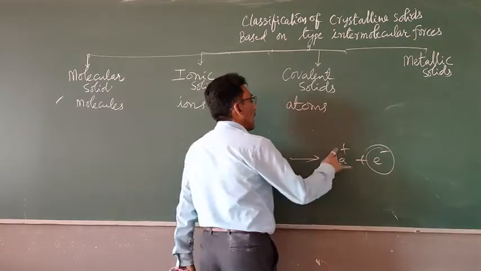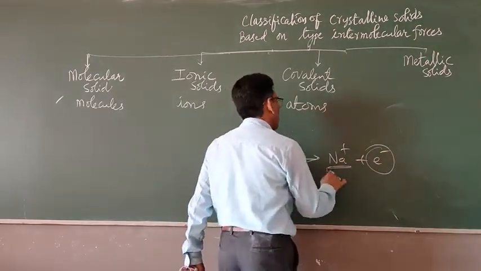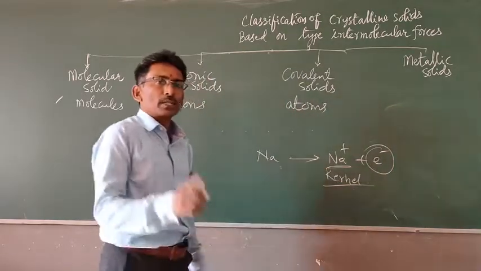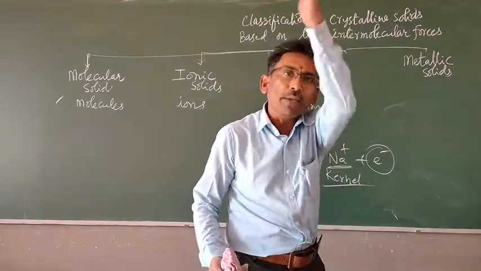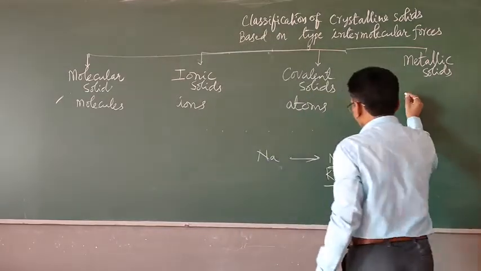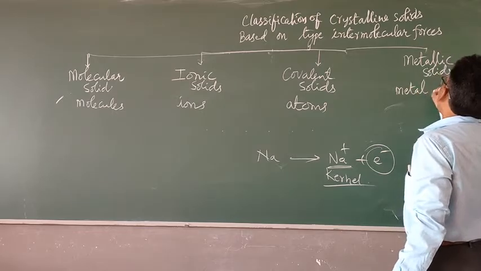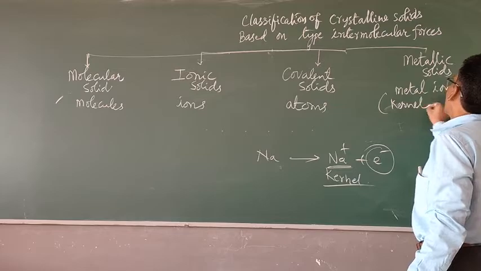This is Na+, and it has inner electrons and the nucleus, which is known as the metal kernel. At each lattice point, the electron is not at a fixed position; it is roaming the entire crystal. So metal ions are nothing but kernels. What is a kernel?